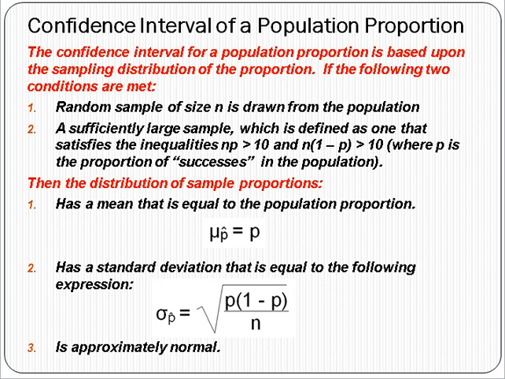Recall that if the following two conditions are met, namely you have a random sample of size n drawn from the population and a sufficiently large sample is selected, which again is defined as one that satisfies the inequalities n times p is greater than 10 and n times 1 minus p is greater than 10, then the distribution of sample proportions has a mean equal to the population proportion, has a standard deviation equal to this expression below, and is approximately normal. So in other words, we have a normal distribution.